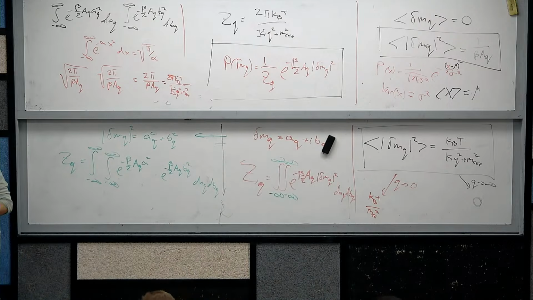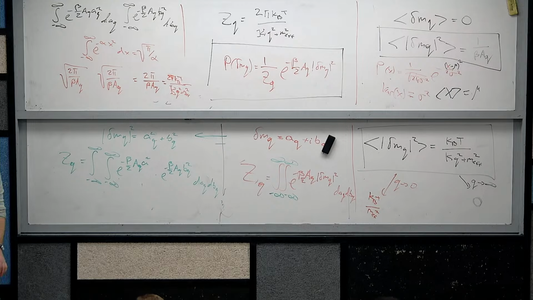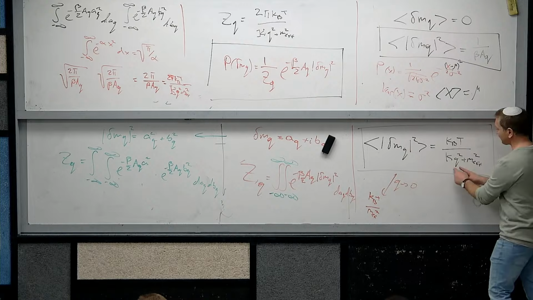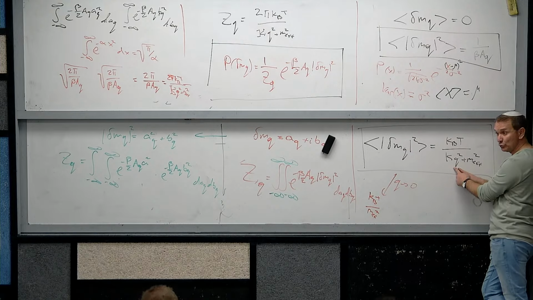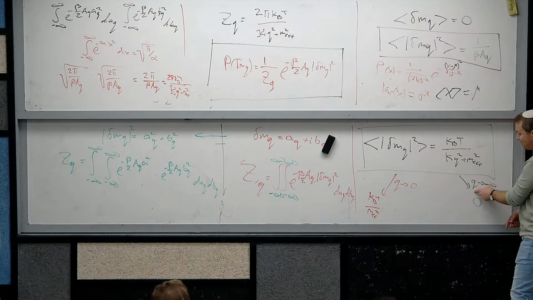Yes? Is it equivalent to putting a cutoff not in the Fourier space? Oh, so you're asking me what is the cutoff for q? There exists a maximal q, but it doesn't really matter because even if q is very, very large, this amplitude goes to 0.